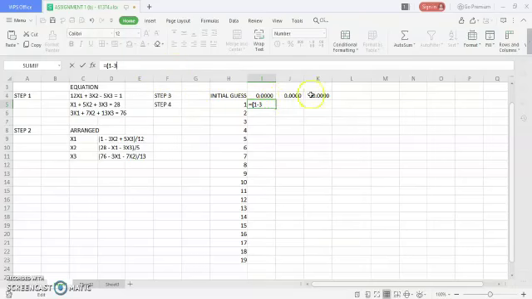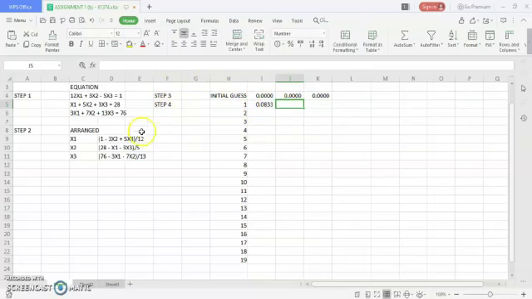This is x1, x2, and x3. So for x2, we multiply with x2 from the initial guess plus 5 times x3. Close bracket, divide by 12. And then we just click the tick button, and then we have x1 for the first iteration.